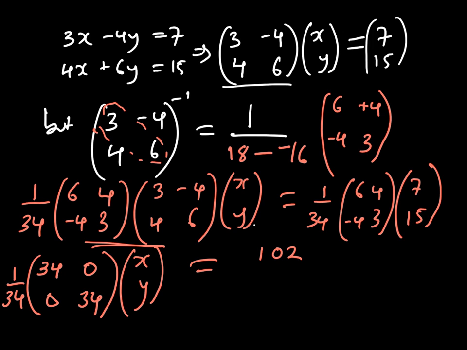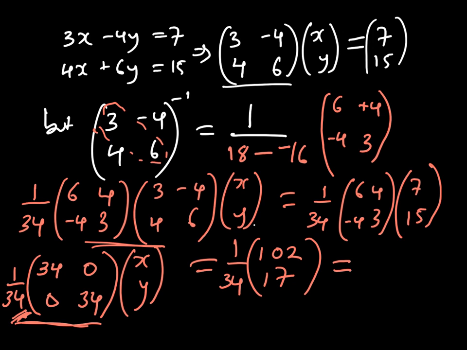So down you have 45 minus 28, which is 17. And there is 1 over 34 down here. So what do we get? If I multiply this side by 1 over 34, it will be the identity matrix 1, 0, 0, 1.